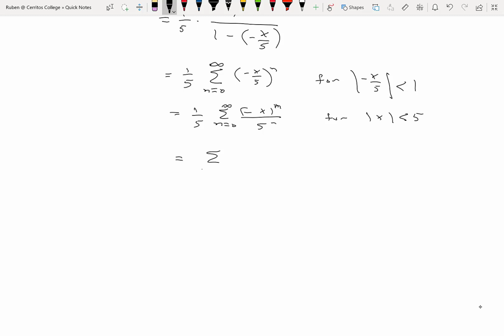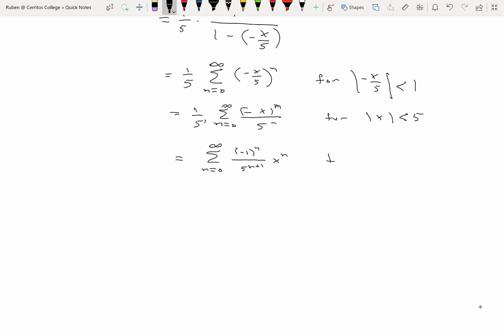And rewrite this in the familiar form for a power series. n goes from 0 to infinity. Maybe bring in the 5 from the denominator and rewrite negative x to the n as negative 1 to the n x to the n. So this becomes negative 1 to the n over 5 to the n plus 1 times x to the n.